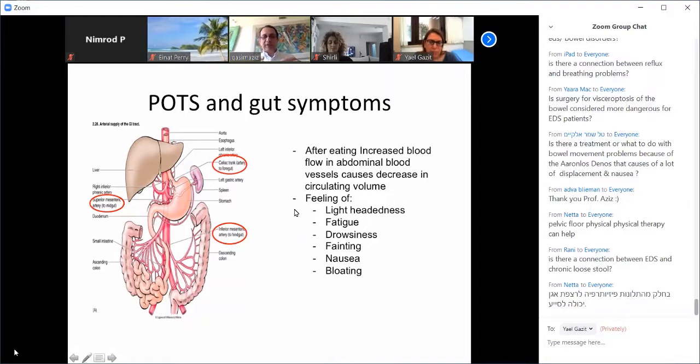And because patients with POTS, I think, are running on low blood pressure already, this drainage of blood from the peripheral limbs and the peripheral circulation into the tummy cavity causes further loss of volume in the circulating blood, and that can lead to the symptoms of POTS: lightheadedness, fatigue, drowsiness is common. Occasionally we see fainting, but nausea and bloating are common features of these types of symptoms as well.